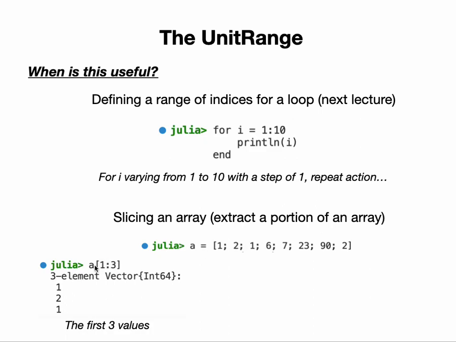This 1:3 is a unit range. If you want to access the last three values, then a bracket and end-2:end. And then you use a unit range, which will return you the last three values of the array, 23, 90, and 2.